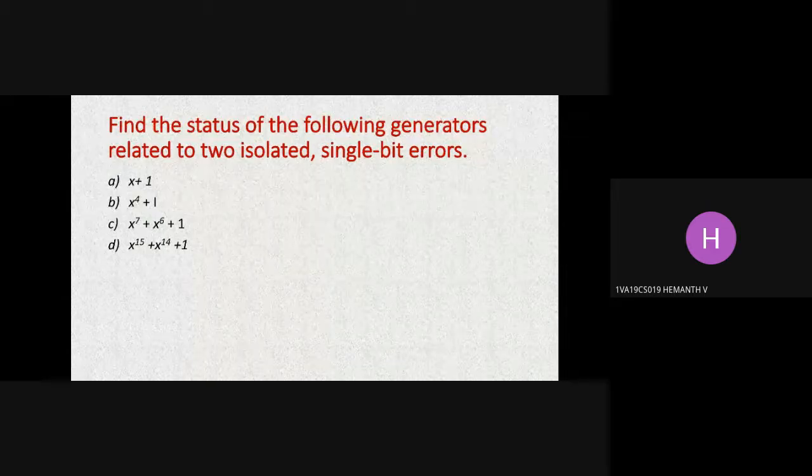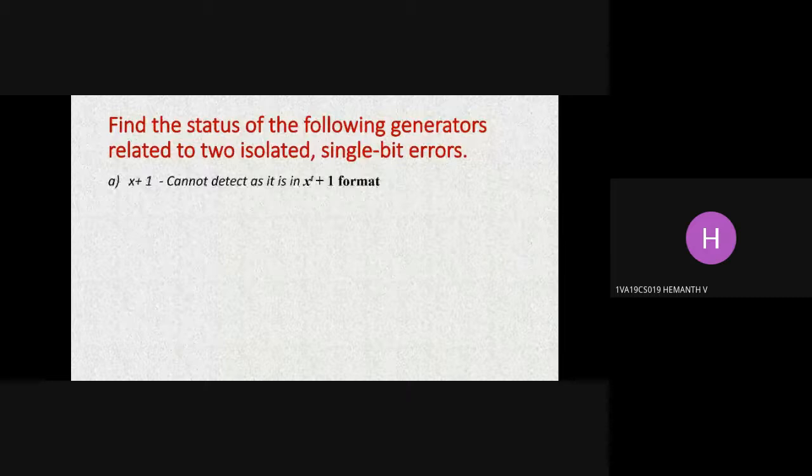Let's consider the first one, x plus 1. This x plus 1 cannot detect the errors, because it is in x power of t plus 1 format. Please remember the statement that I mentioned in the previous slide.